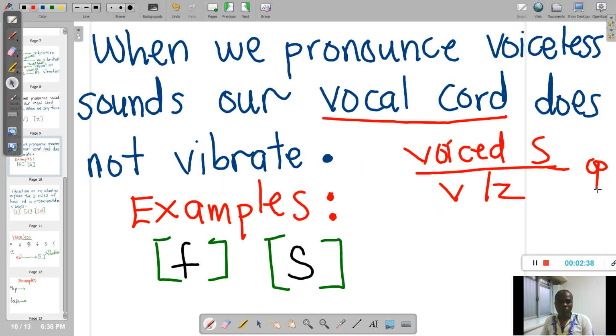With voiceless, we have F and S. If you make the sound correctly, in the right way, you will see that F has no vibration, S has no vibration. Because of no vibration, these letter sounds are called voiceless sounds, or sounds without vibration.